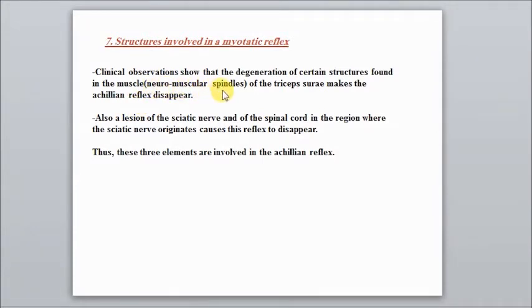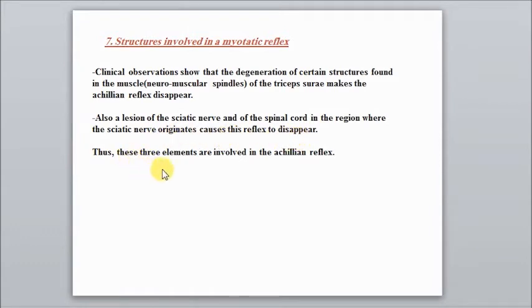So degeneration of the neuromuscular spindle in the extensor muscle, which we called earlier the triceps surae, is going to make the following reflex, the Achillean reflex, disappear. Also, it was observed that a lesion in the sciatic nerve and of the spinal cord and the region where this nerve originates will also cause the reflex to disappear.